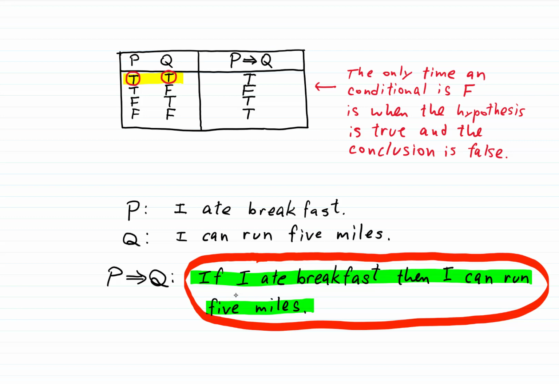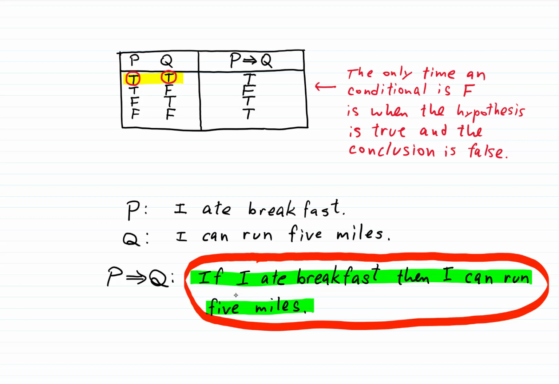If you said, well, I think that's a lie, right? Could you convince anybody that that's a lie? No, you would have nothing to go off of, right? Nothing at all. No evidence that that's false. After all, you saw me eat breakfast and you saw me run 5 miles. Now, is it the breakfast that allowed me to run 5 miles?